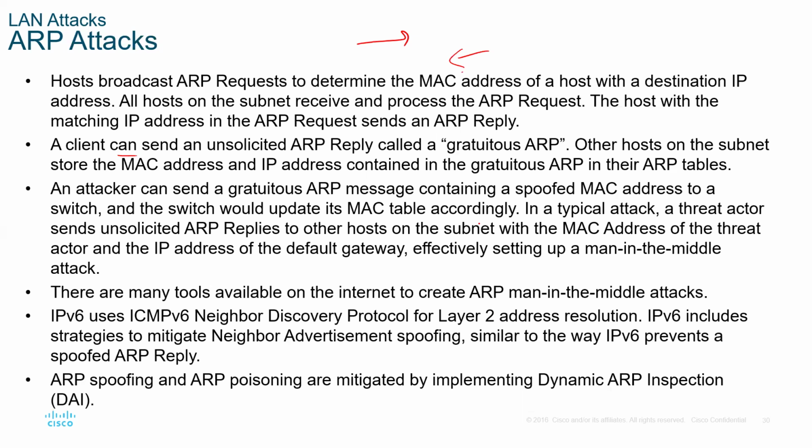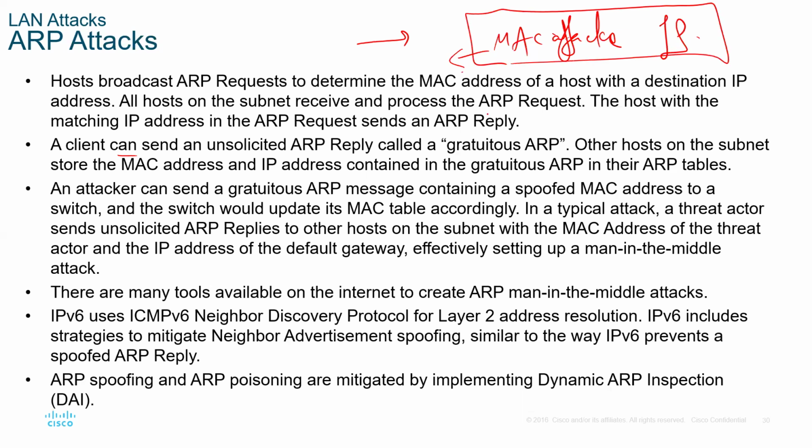Then the table is updated with the attacker's MAC address for the legitimate IP address. Meaning every time information is to be sent to this legitimate IP address, it goes to the attacker. That's one way ARP is used by an attacker.